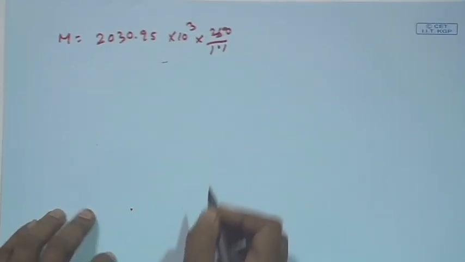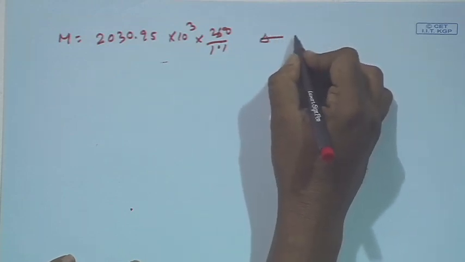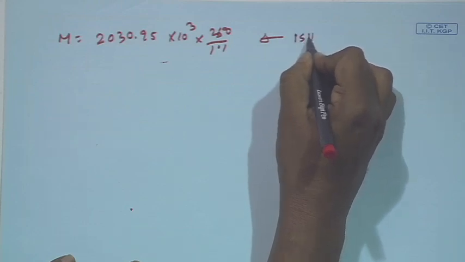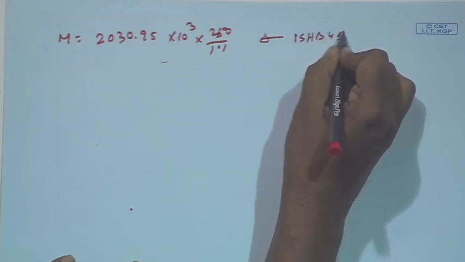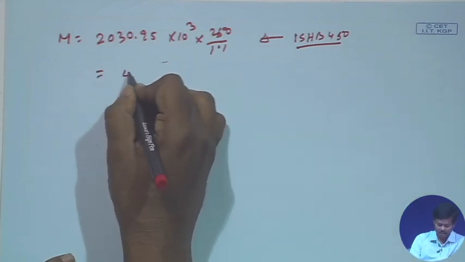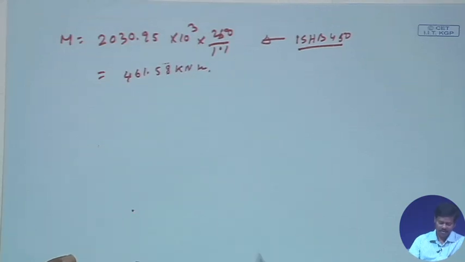So, this is the moment carrying capacity of ISHB 450, means the roll section ISHB 450 has a certain moment carrying capacity which can be calculated as 461.58 kilonewton meter, right.